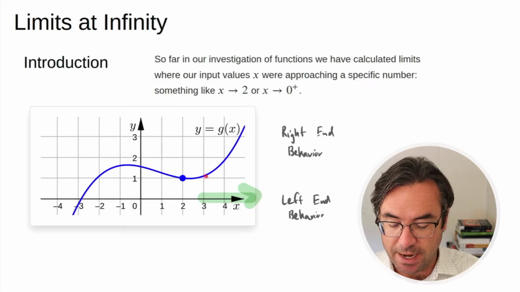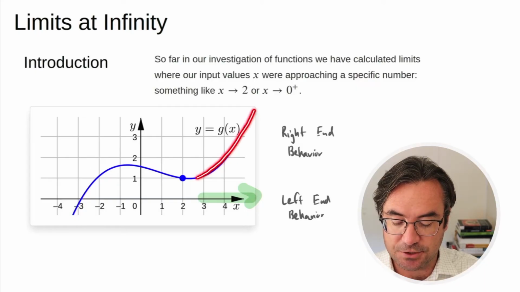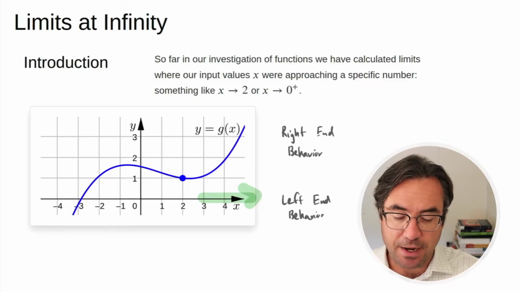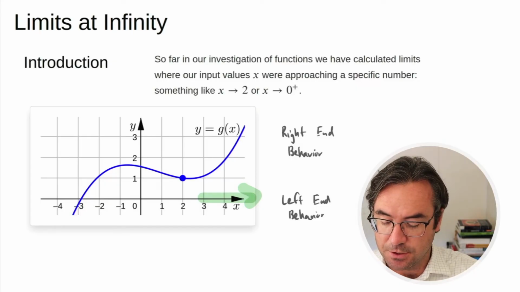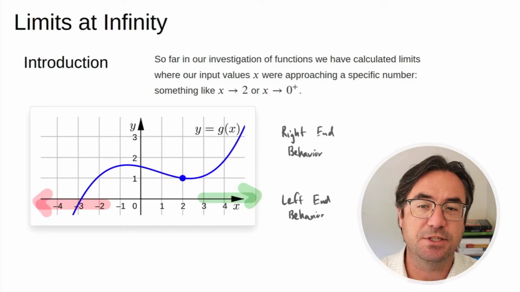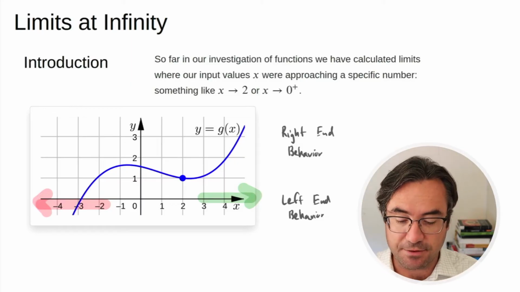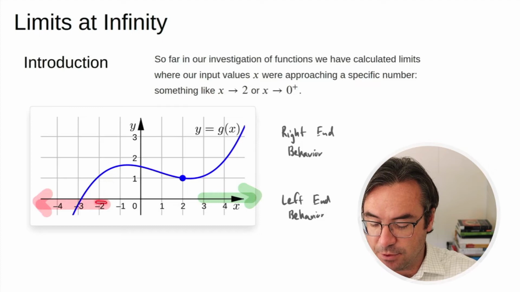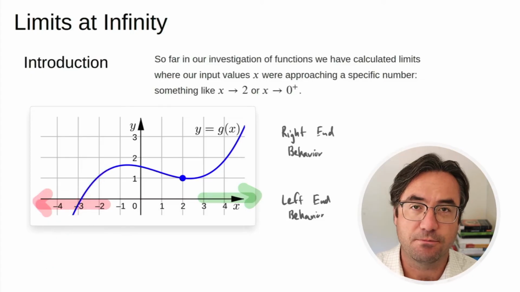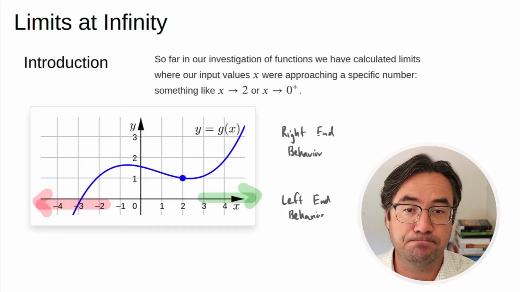And then we also have our left end behavior, where we're going in the opposite direction. We're going to see what happens as we move further and further to the left. So we're going to let these input values get larger and larger negative, and we're going to see what happens to our function as we go further and further in that direction.